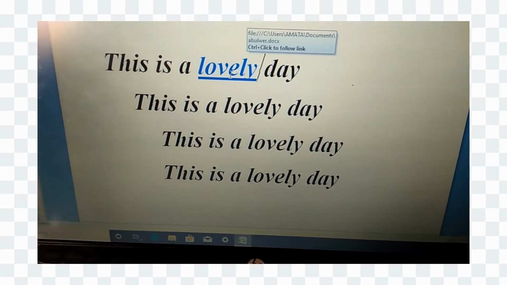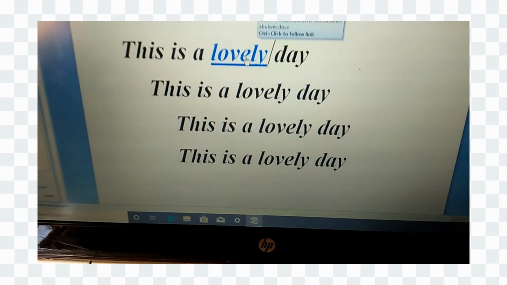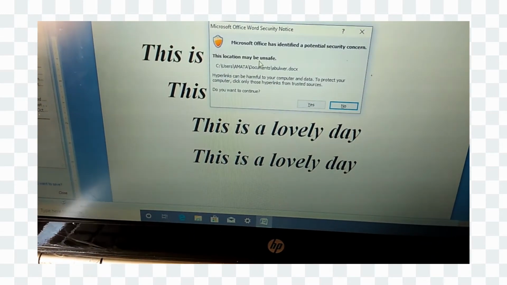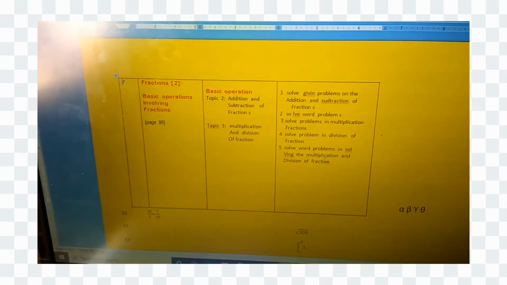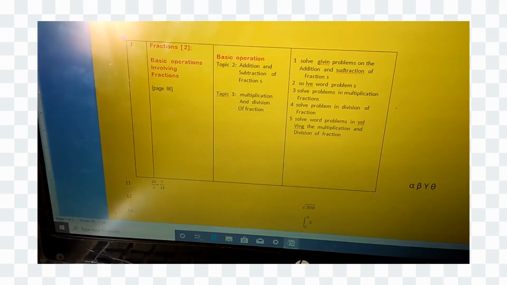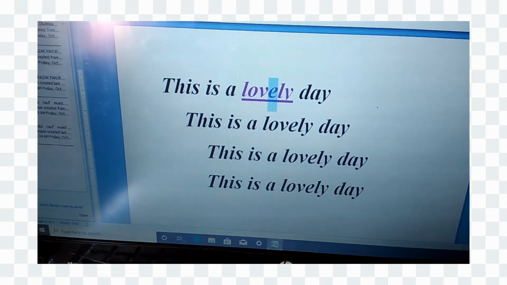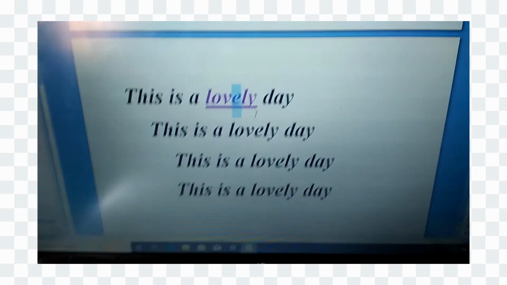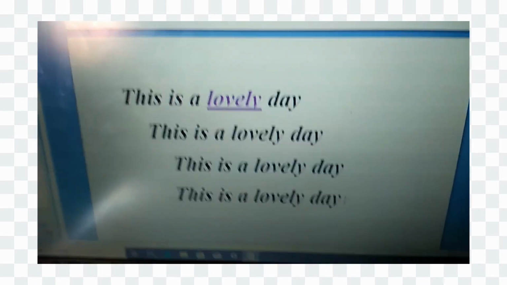And if I click the Ctrl key, it's pointing, and I can now click and open the document, and look, that's what the person has done on that document. So that's it for Ctrl key plus K.